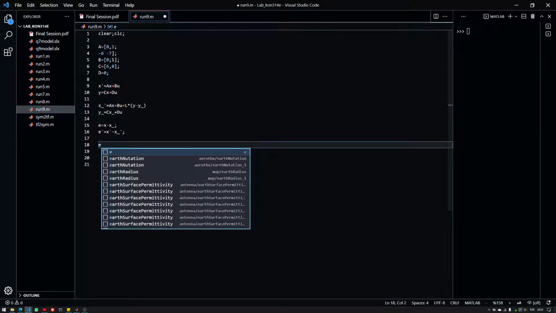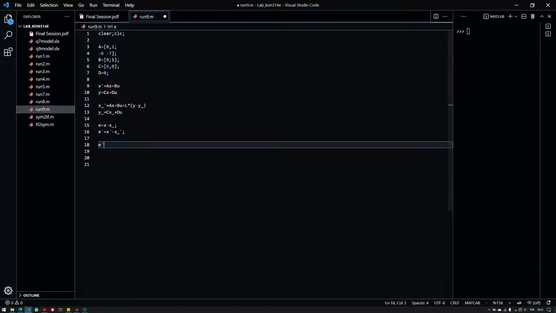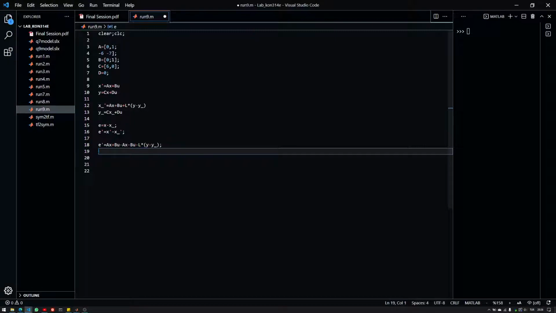So e prime is equal to this one, x prime, minus this one here, minus Bu minus this feedback term. So this is an interesting equation because, first of all, Bu cancels out.